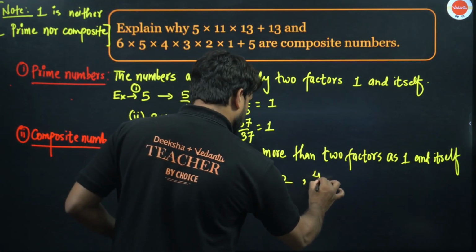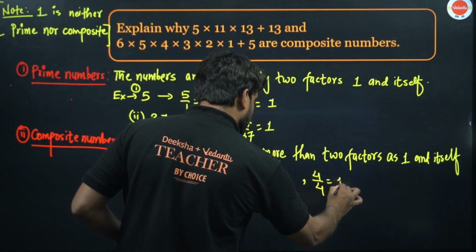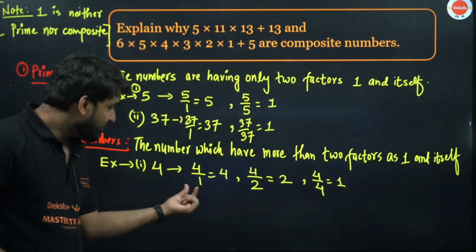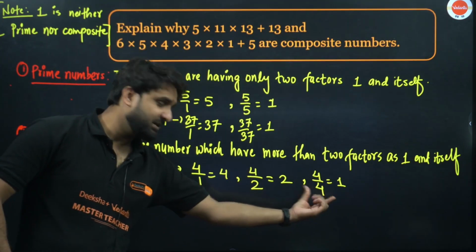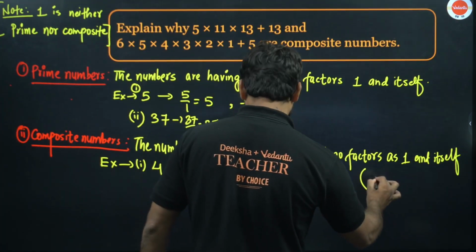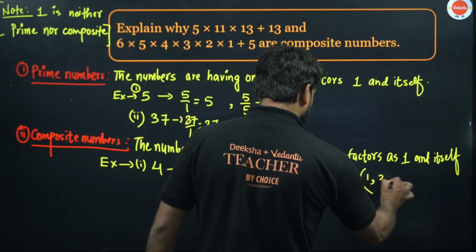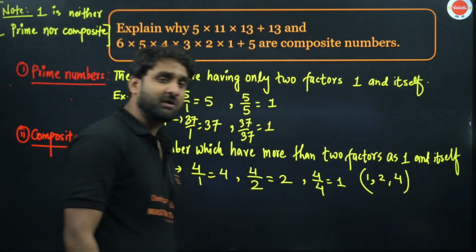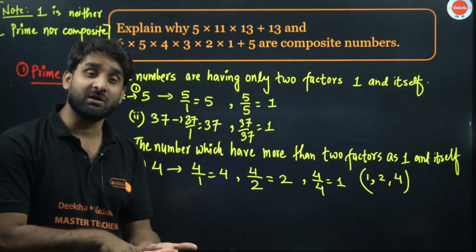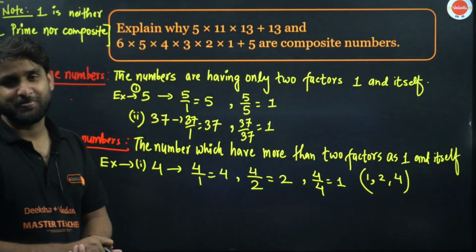And 4 can be divided by 4 itself, so the result will be 1 and the remainder is 0. How many factors? 1, 2, and this is the third. So 4 has 3 factors: 1, 2, and 4. 4 can be divided by 1, by 2, and by itself, 4.